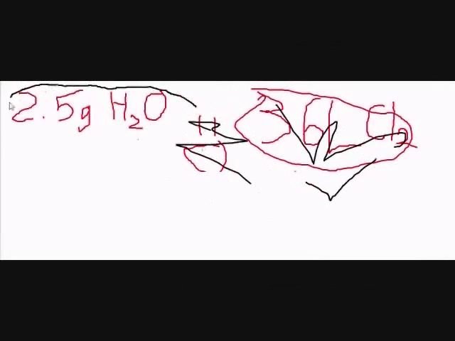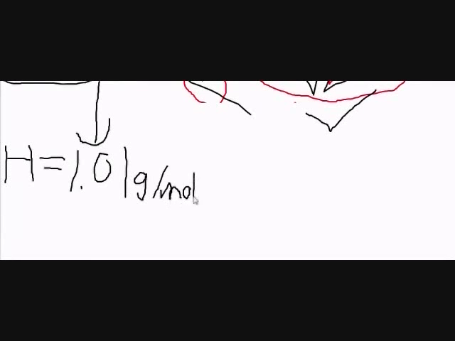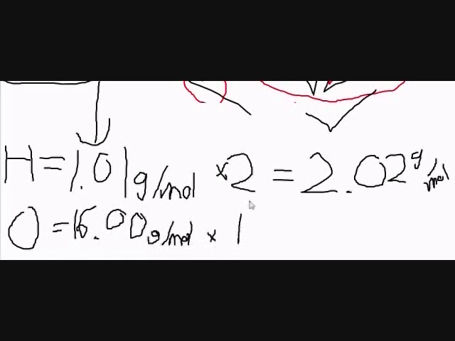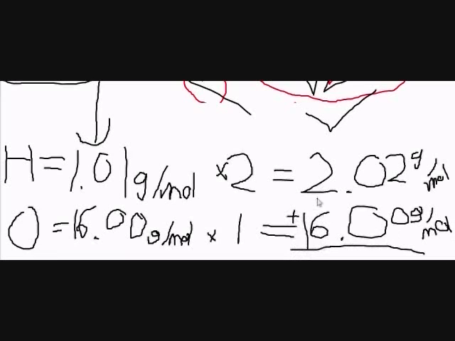Let's move on to the first example I gave, 2.5 grams of H2O. This one is a little different because H2O has 2 elements, hydrogen and oxygen. All you really have to do is take those 2 elements' molar masses and multiply them by however much there is in the molecule. So in this case, 2 hydrogen and 1 oxygen.